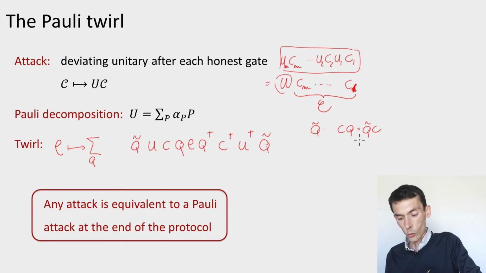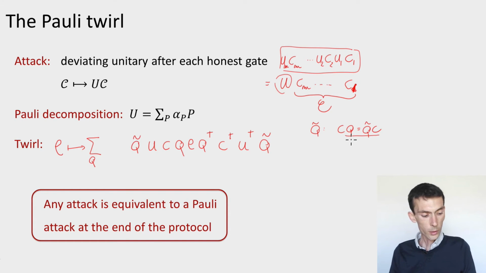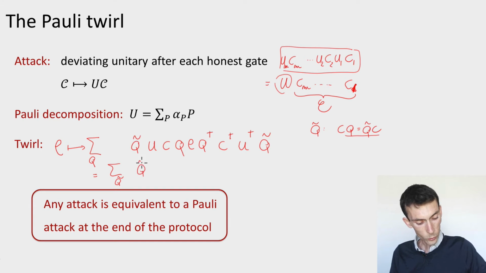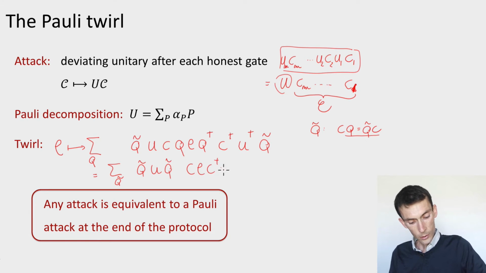So Q tilde is chosen so that this identity holds, which means that this expression here I can rewrite as the sum over all Q tildes now of Q tilde U Q tilde C rho C dagger and then the daggers. So U dagger Q tilde U dagger Q tilde.